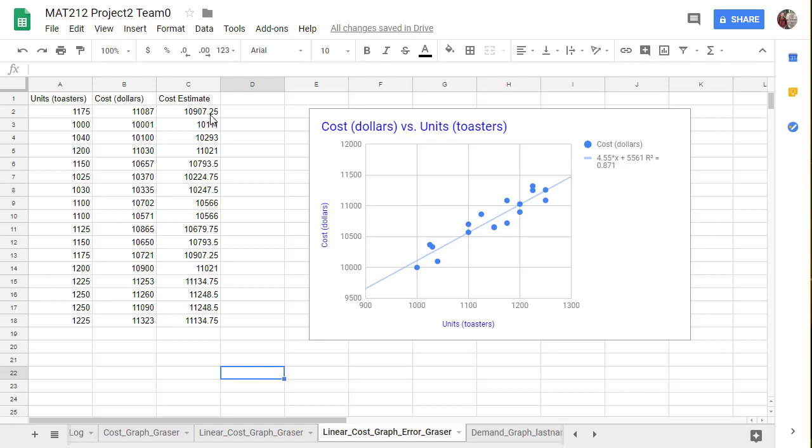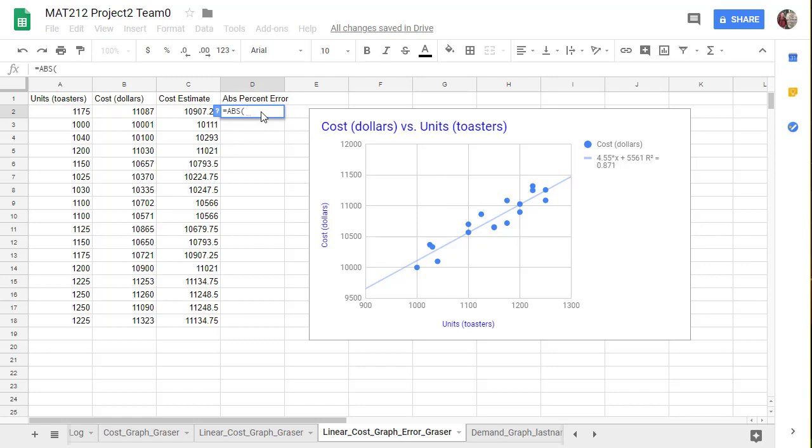What we'd like to know is, as a percent, how different is that? So I'm going to calculate the absolute percent error. The formula for that is a calculation, so I'm going to start with equals. I'm going to have to calculate the absolute value, so that is ABS, because I don't care whether things are above or below the line.